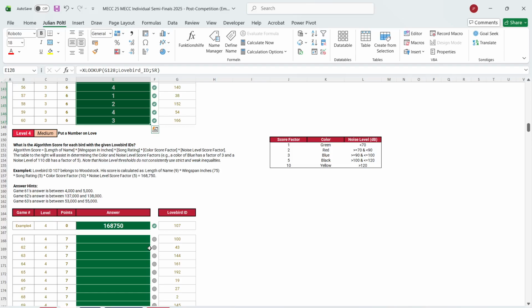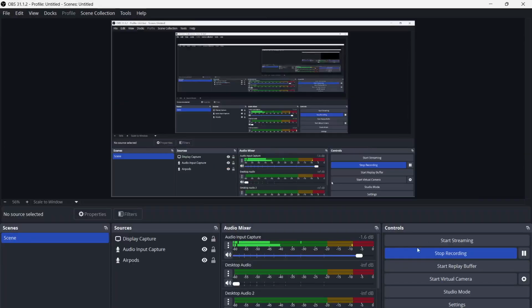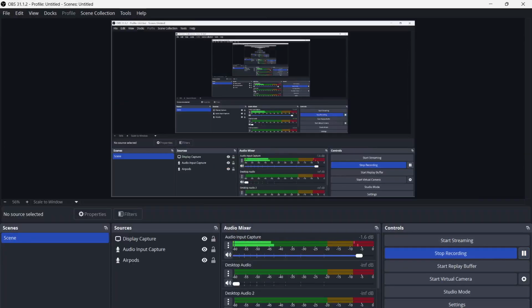Now the algorithmic score for the Lovebird ID. And the algorithmic score is this, based on the color and the noise level factor. There's also a score factor given. And okay, sorry.